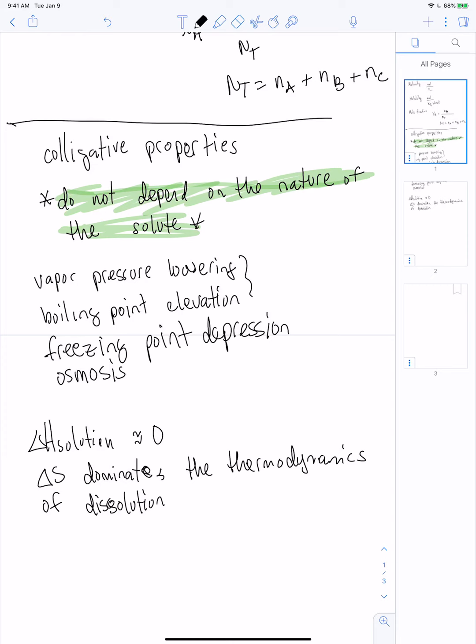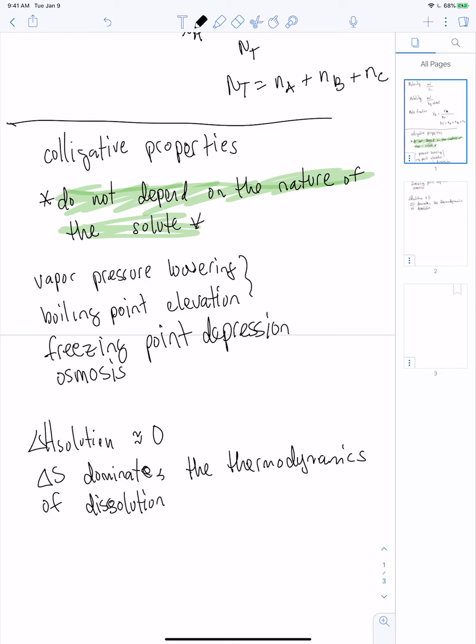So when I form or break bonds, that is the contribution from delta H. Here, because delta H is generally going to be equal to 0, the bond forming or bond breaking, which you would expect to correlate with the structure of a particular molecule, doesn't matter. It doesn't matter if it's sugar or sodium chloride. As long as it goes into solution, the delta H is going to be approximately 0, and thus the identity of the bonds being formed or broken just doesn't matter.